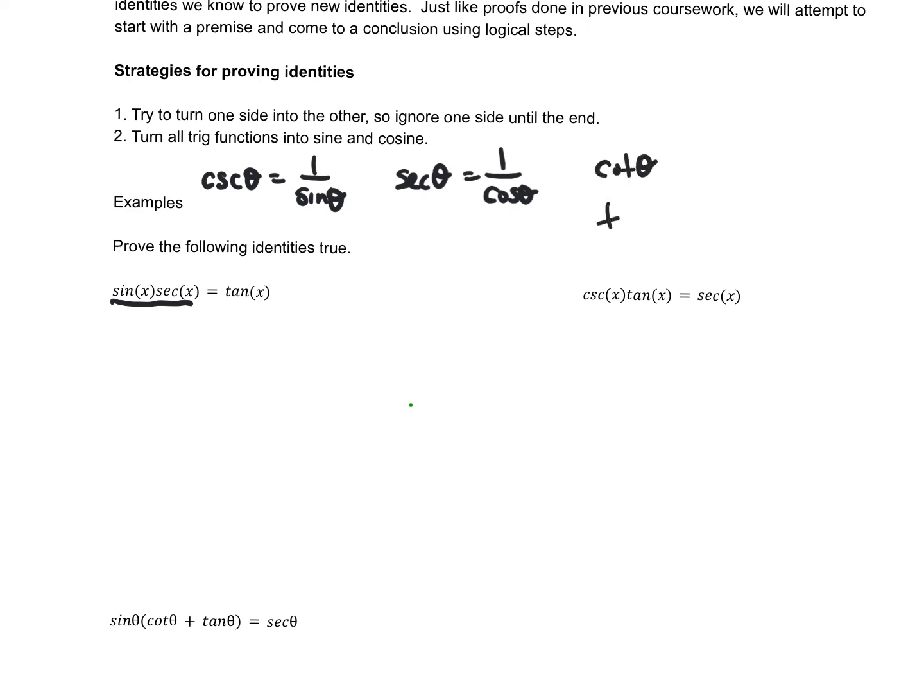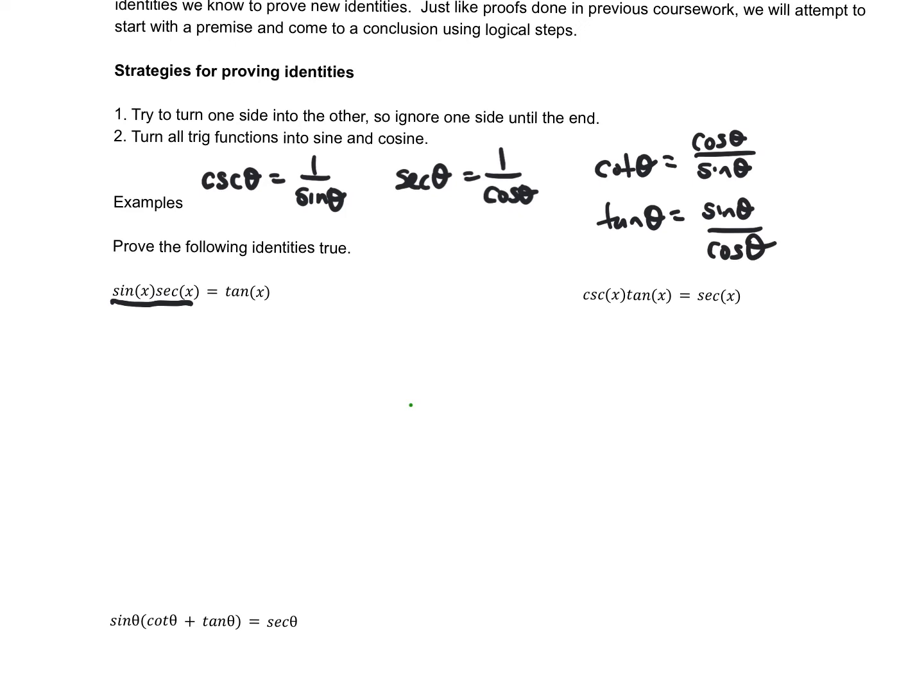And cotangent and tangent, remember, are quotient identities: cosine theta over sine theta and sine theta over cosine theta. So we can turn anything into sine and cosine. The only other thing that we might encounter is if we see things with squares, sine squared, cosine squared, cosecant squared, then those are probably ones we will use with our Pythagorean identities.